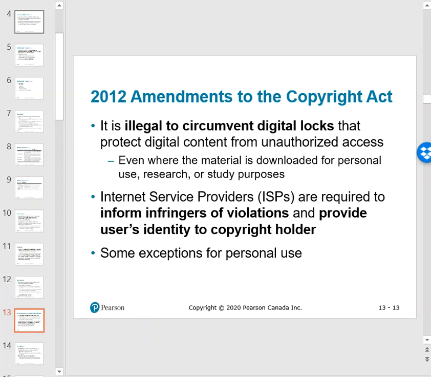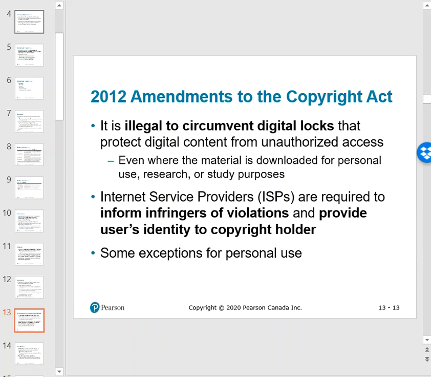In 2012, there were some amendments to the Copyright Act in Canada, and most importantly, it became illegal to circumvent digital locks. I don't understand much about music files, but I know that Apple Music files only work with Apple Music or the other app or software, I forgot the name now, because they have a digital lock.